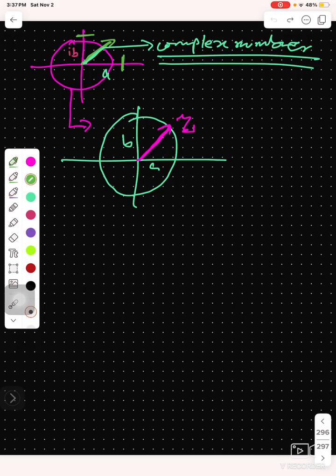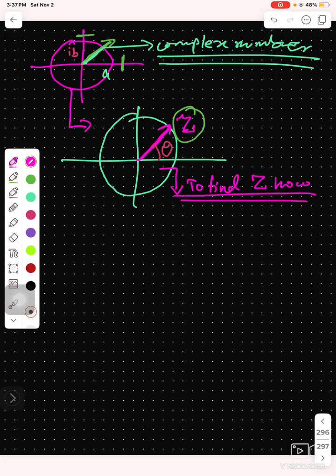We have to find this number z, and what we have is this value theta. We know that the angle between the horizontal or the x-axis and the resultant, in terms of physics I would call it resultant, is cos theta. And the opposite side is sine theta.